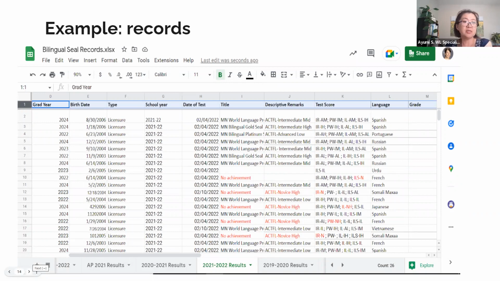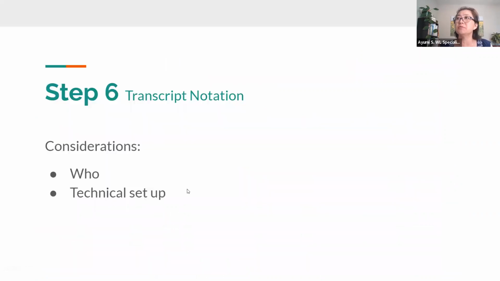They can set a goal and identify which area they can work on to improve. At the same time, the record keeping piece becomes very important for schools too. So, transcript notation considerations, again, who would do that, and then some type of technical setup.